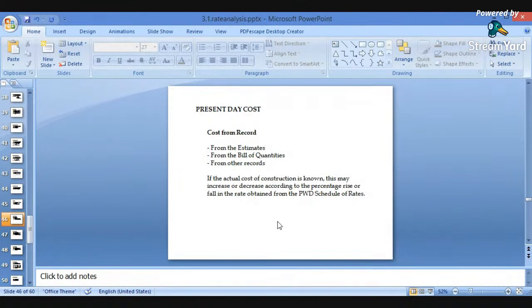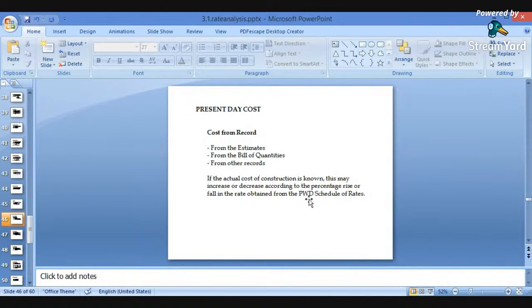Present day cost: here we can get the cost from the records, that is, from the estimation and the bills of quantities. What is the cost of the building at present? We can find it out from estimates, from the bills of various quantities required for the construction, and also from various records or the PWD schedule of rates.